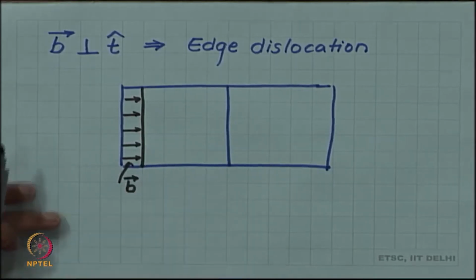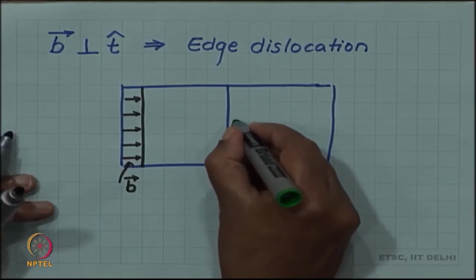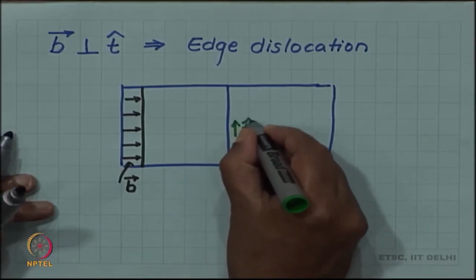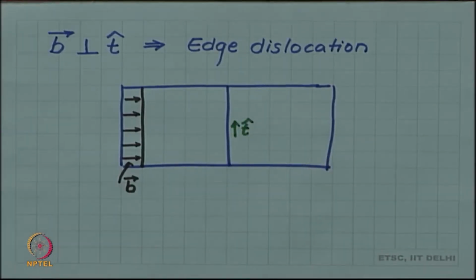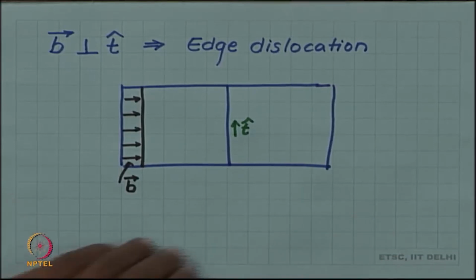So, that was B. T of course is perpendicular. So, B and T are perpendicular for an edge dislocation.